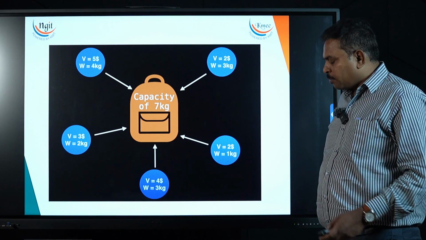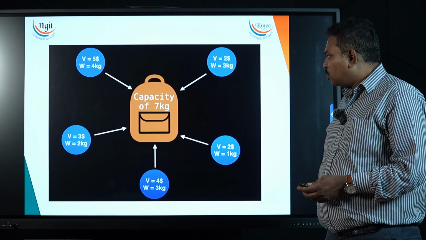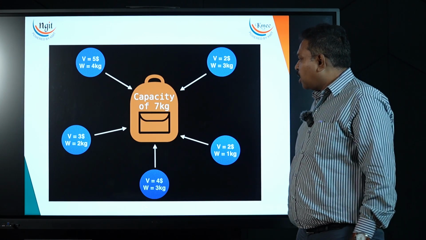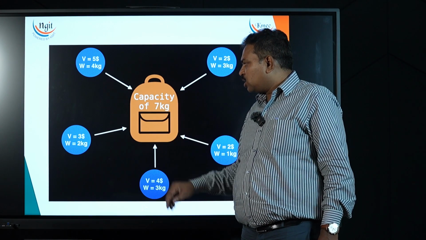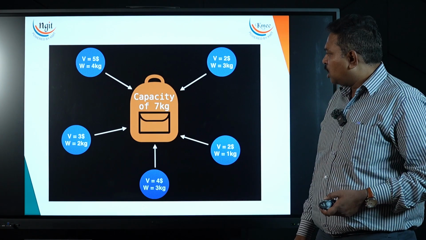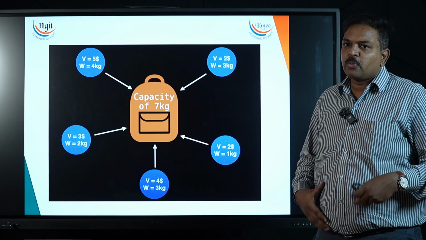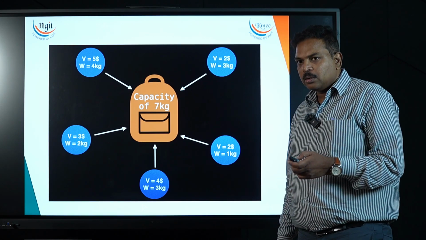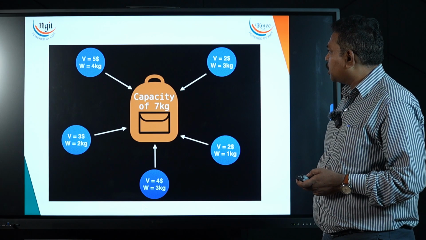Like this, in knapsack we have to keep the items in the bag in such a way that the weight of all the items should not cross 7 kg, and after keeping those items, I should achieve the maximum value. So how can we solve this problem using the hill climbing algorithm?